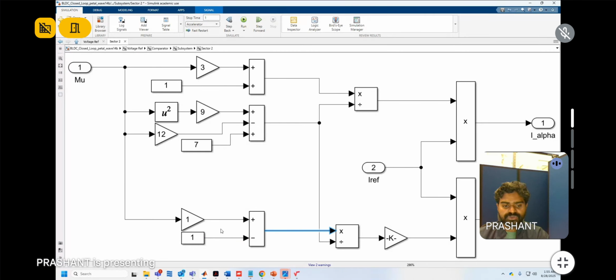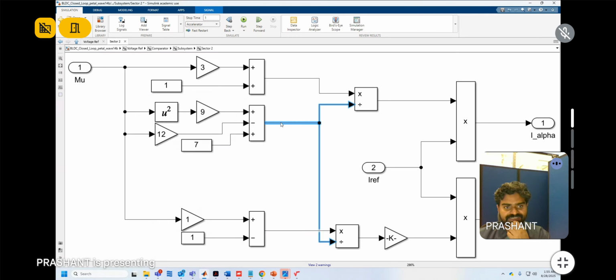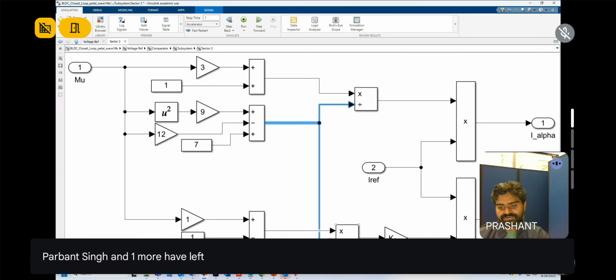Here we got mu minus 1. See here, mu minus 1 is completed. Now our denominator is 9 mu square minus 12 mu plus 7, that is similar to the denominator of the alpha component. So here it was 9 mu square minus 12 mu plus 7. Simply we are connecting it here.